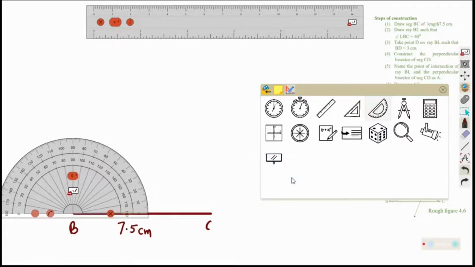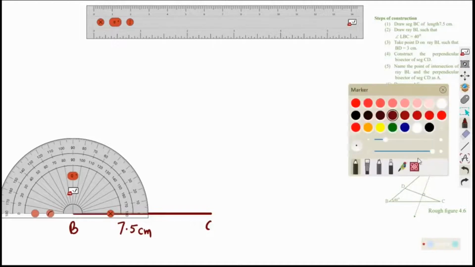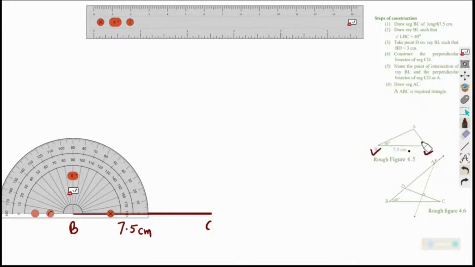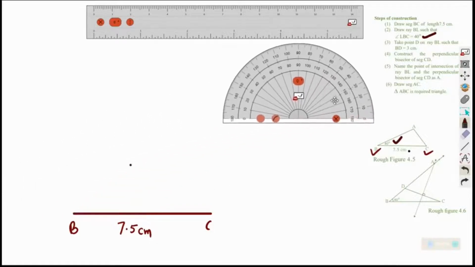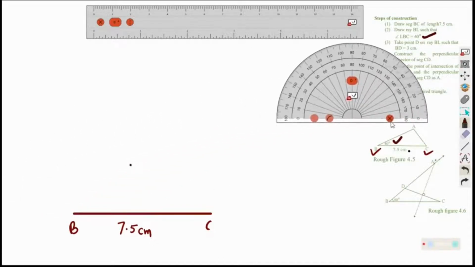Once it is placed, mark 40 degree, which is given as the measurement of the angle here. Okay, that is 40 degree.